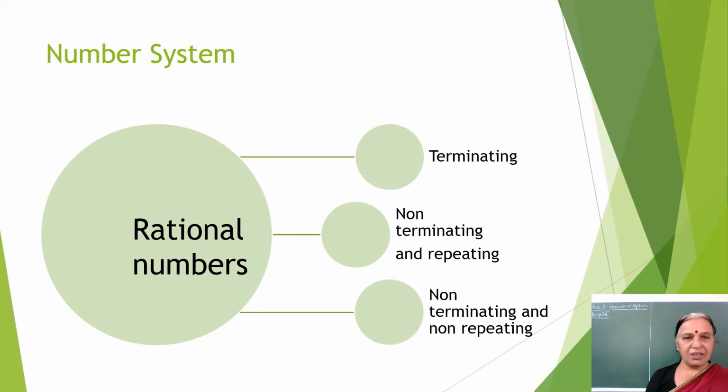Next, in the number system, the rational number can be terminating, or it can be non-terminating and repeating, or it can be non-terminating and non-repeating. In the previous video, you have learnt what are terminating and non-terminating decimals.